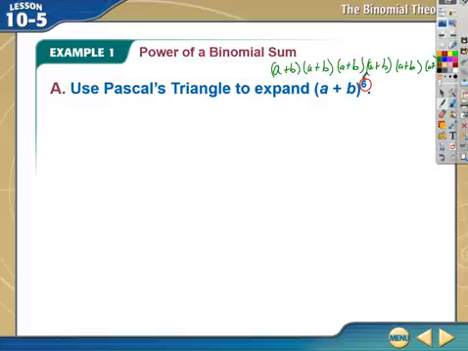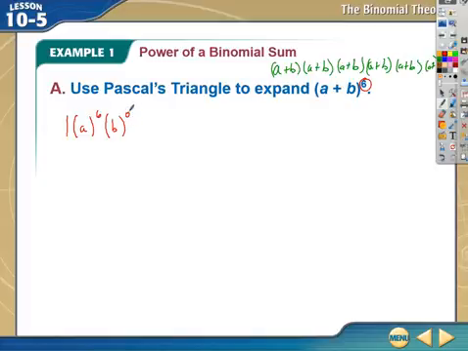And this is how it works. I write down the first number that's there. What's the first number? Everyone say it. You're right, it's 1. And then I take the coefficient a, the first thing that's there. I'm going to multiply it times a to what power? I'm going to say to the 6th power. And then I take the b, and I take it to the 0 power.